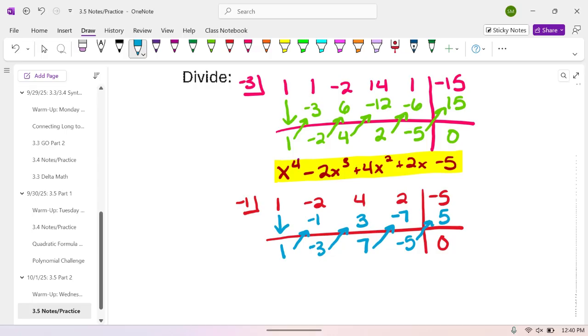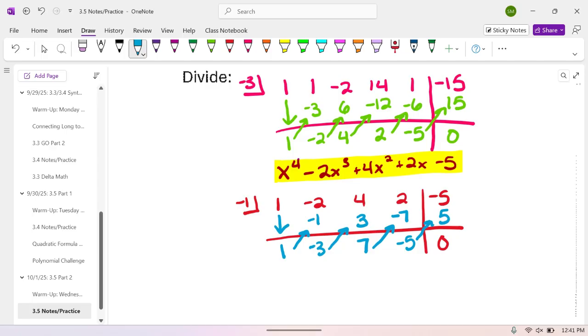Okay. So, what would my starting exponent be, Peyton? For my new function, if we started with x to the 4th, what would the highest exponent be for our new one? Not 4. So, remember, you subtract 1.